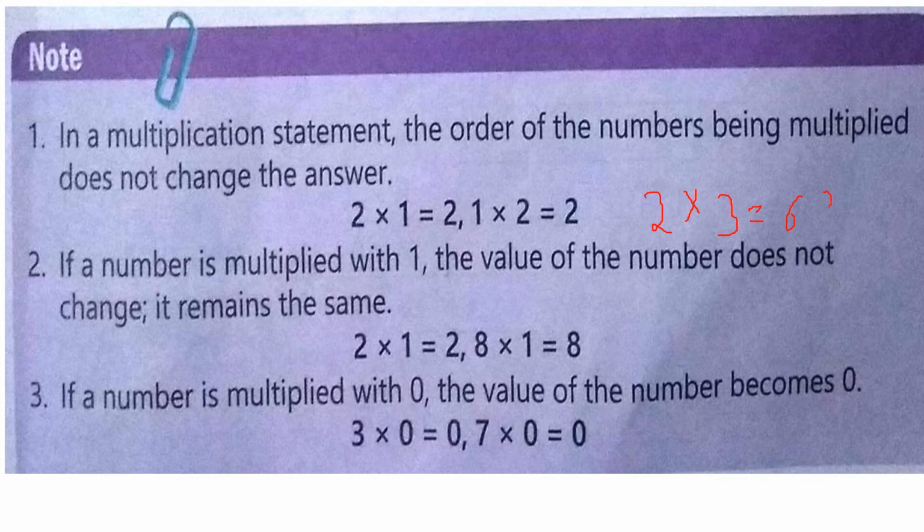If I write 3 multiplied by 2 is also equal to 6. Got it? So if we multiply 2 by 3, the answer is 6. If we multiply 3 by 2, the answer is also 6. So no need to worry about that. We can change the order of the numbers, but the answer will remain the same, as you can see here, here also. Got it, children?